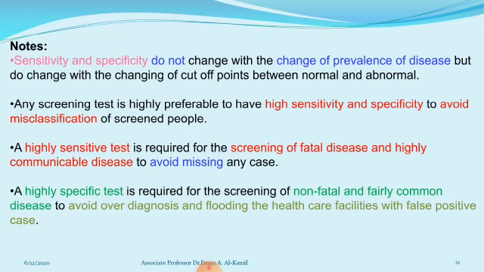While for a disease which is fairly common and non-fatal, for example diabetes, we need a highly specific test, because diabetes is a long-term, chronic disease, and it needs a long time for the development of complications. So even if we miss one or some of the cases, it doesn't matter.